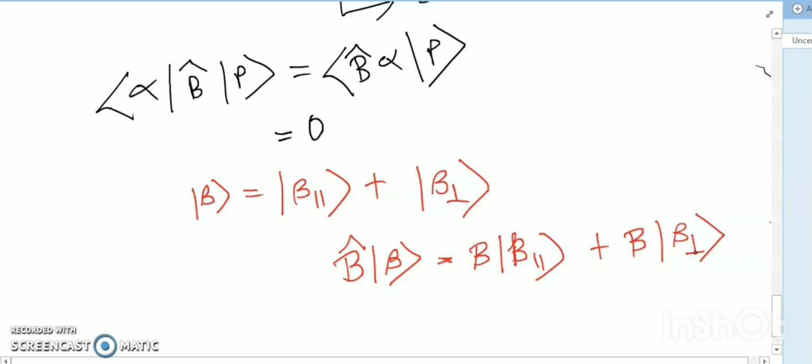We just showed that the component inside the eigenspace must stay inside, and B acting on beta scales it by mu. The only thing B can do to each component is also scale them. This is the scaled version: B beta parallel and B beta perpendicular.